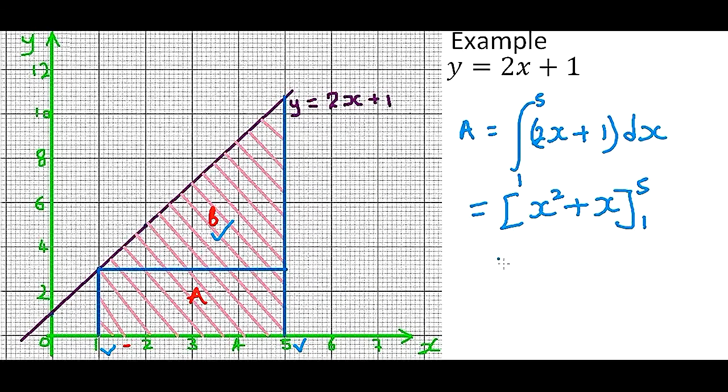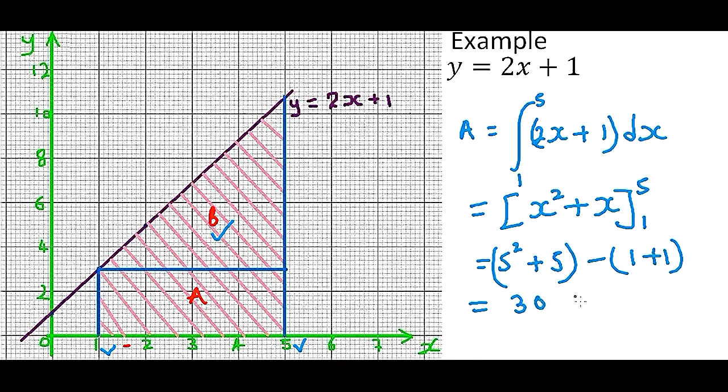And when you substitute this, we substitute 5 for x, so we get 5 squared plus 5, minus, now here we will have 1 squared is 1 plus 1. So this will give you 25 plus 5 is 30.